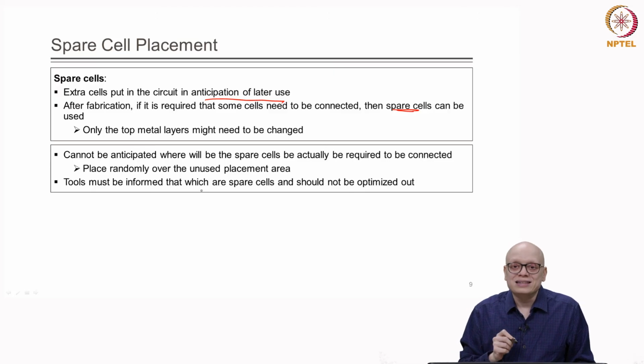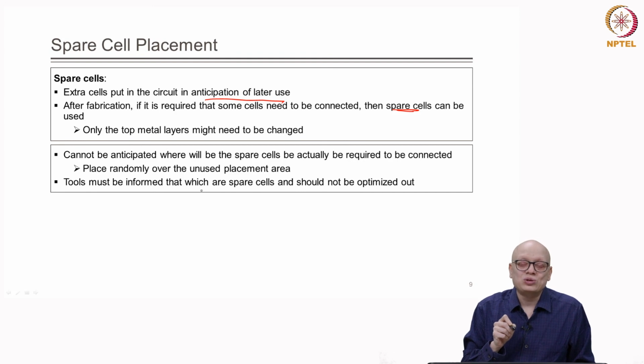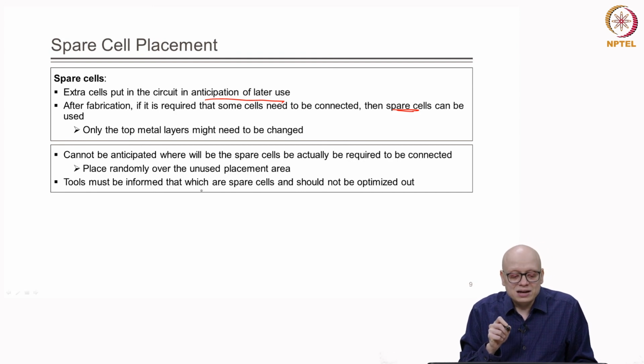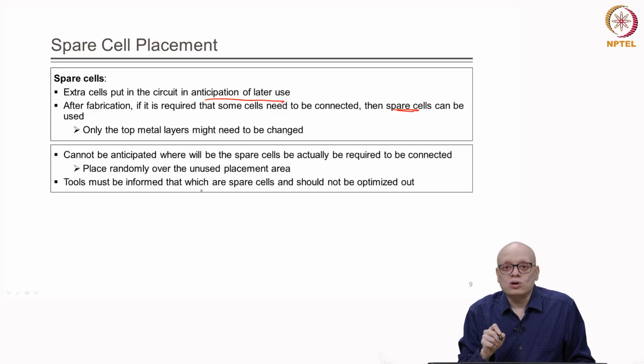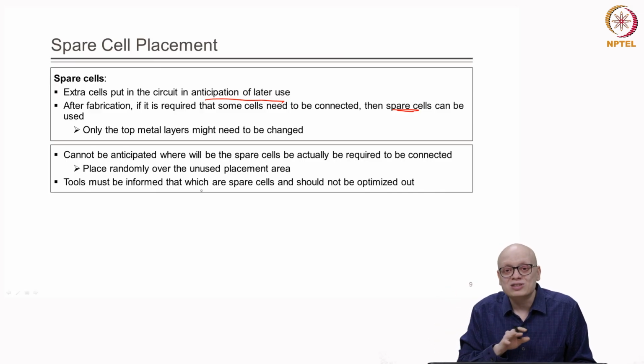Therefore, it is important to instruct the physical design tools and other tools that these are the spare cells on the layout, do not remove them. Those are not used for now, but they might be used later on, and therefore, they must not be optimized out, right. We should be careful that our design tool is not optimizing these spare cells, right.